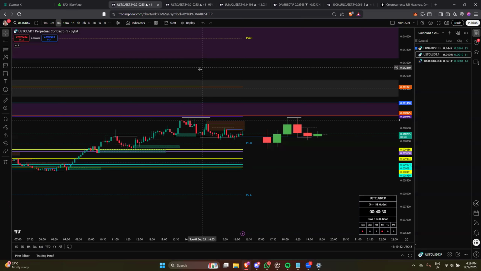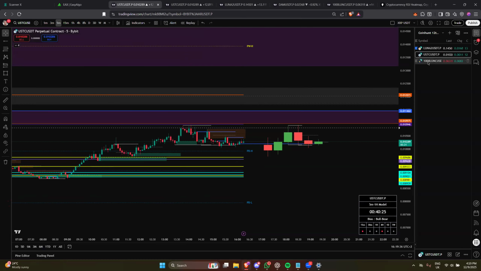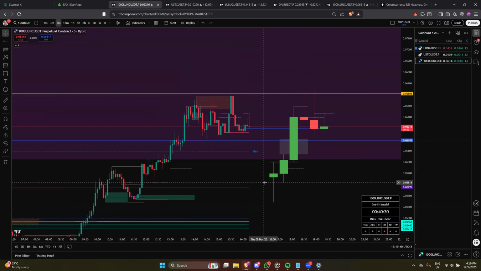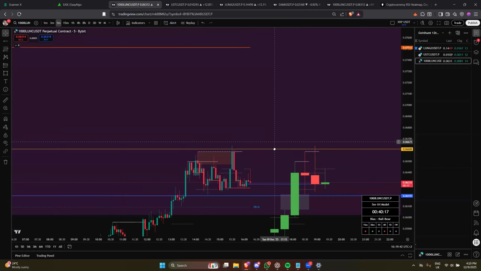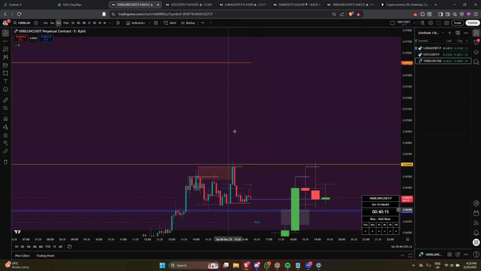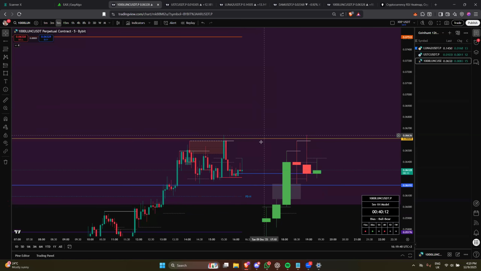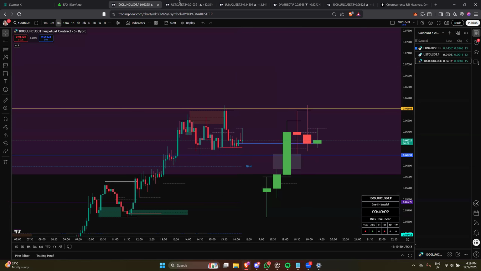But this is the real way, obviously, to mark it as it is now. Mark this level, this one as well. You can see all of these are relative in a space that could be close to potential reversals or a sweep. A lot of them are in accumulation already.